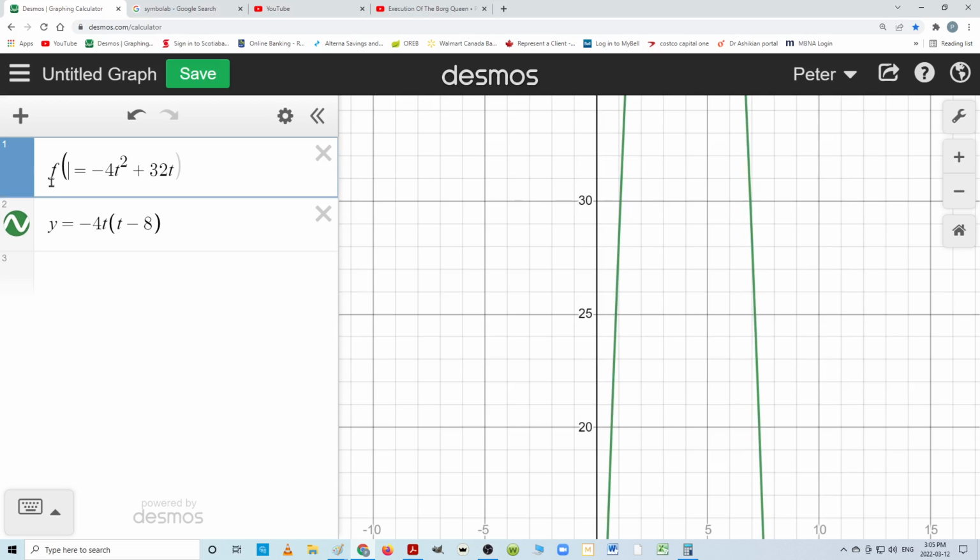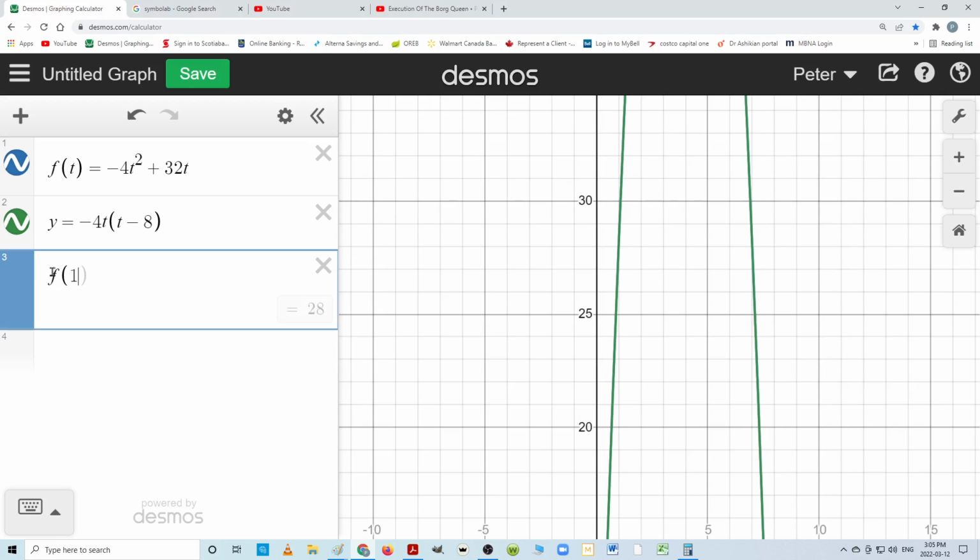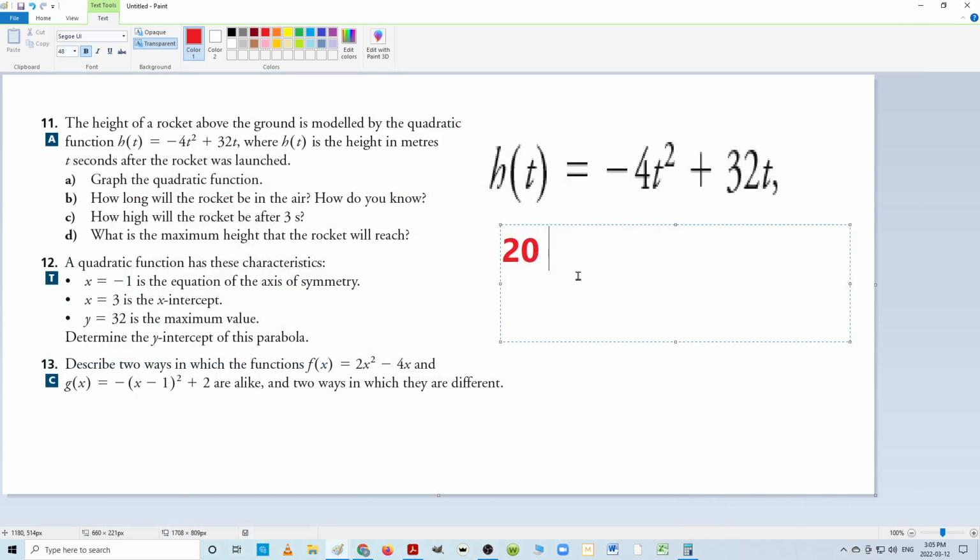So f of 1 is 28. Okay, there we go. So if I ask you when is the rocket at 28, if you have it in standard form, you've got to put it all on the same side. This is 4t squared, by the way, and this is 32t. And if you put it all on the same side, where 4t squared is positive, I get this.